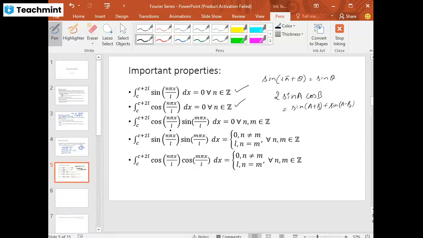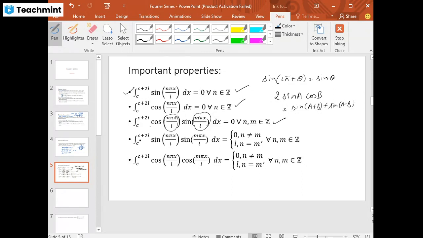In this case, A represents n pi x upon L and B represents m pi x upon L. When we add them, m is an integer, n is an integer, so m plus n is also an integer and m minus n is also an integer. Because the integral of sine is 0 for every integral value of n, this integral is also 0 for any integral values of n and m.